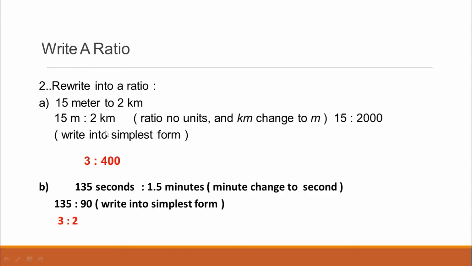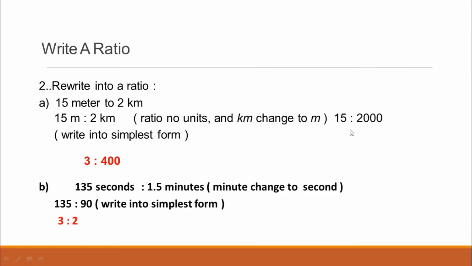So change kilometer to meter. First of all, convert this kilometer to meter, or meter to kilometer. We can write 15 ratio to 1000. There are 1000 meters in 1 kilometer. So 2 kilometer will be equal to 2000 meter.